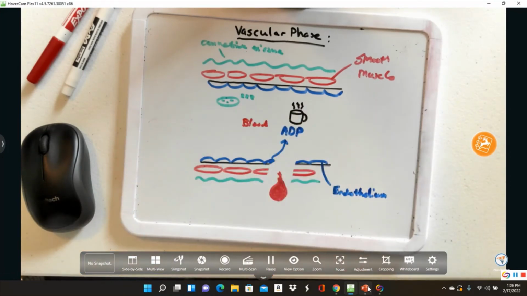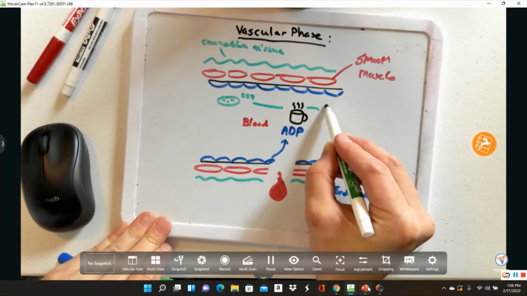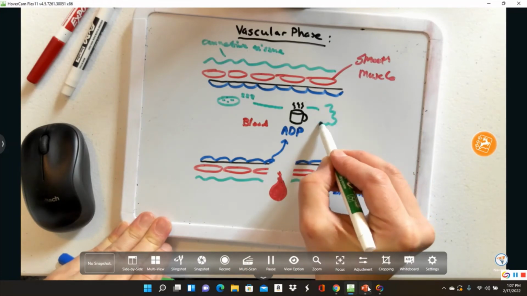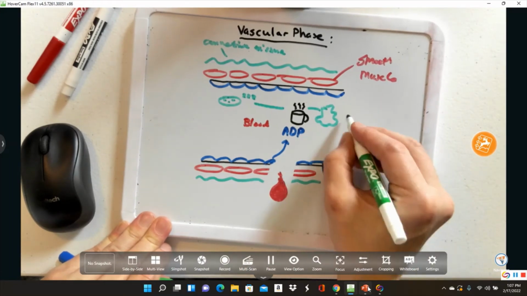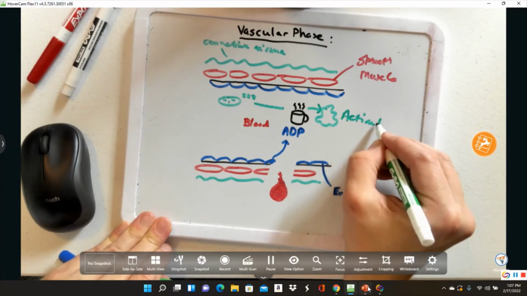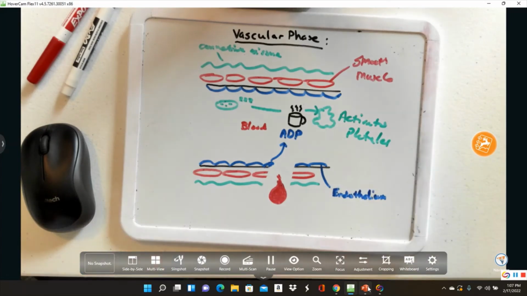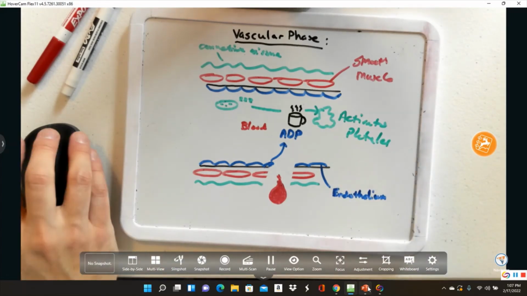And when this platelet comes by and gets this coffee, he is going to activate. That's what's going to happen to him. It's going to be like a cup of coffee, and he's going to be activated.